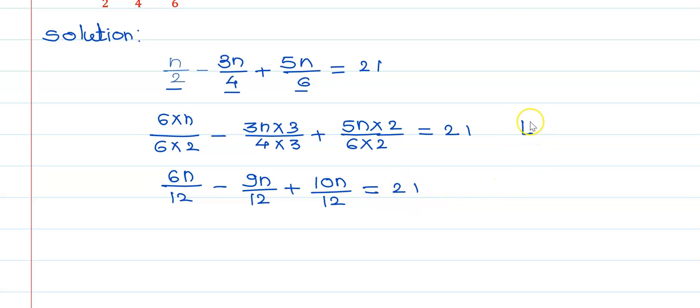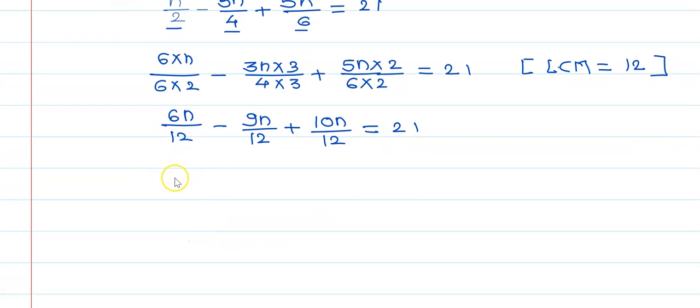Here I will write LCM equals 12. Now here the total is 6n, in between them a minus sign, therefore minus 9n, plus 10n, and this whole divided by 12, and that's equal to 21.